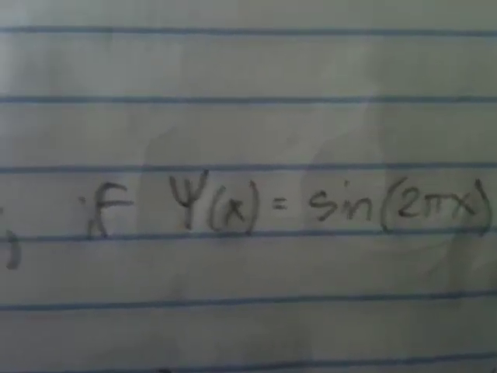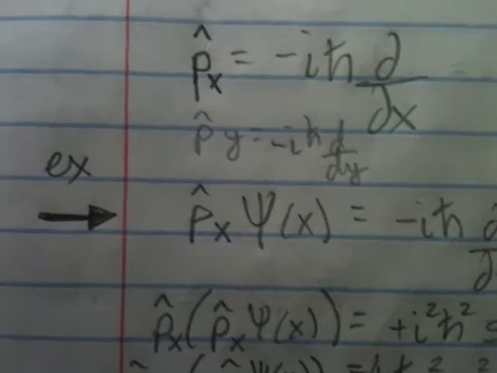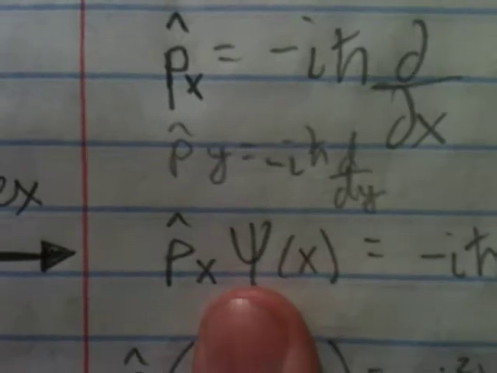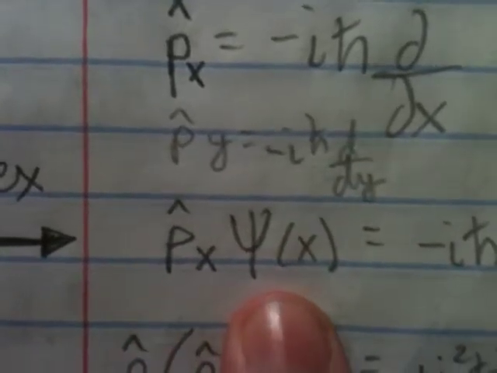We apply this to some function. So, for example, if that function were psi of x equal to sine 2 pi x, and let's just say we wanted to apply this term here, we wanted to apply the p of x operator to psi, we would get this operation, which would yield this for the first derivative.